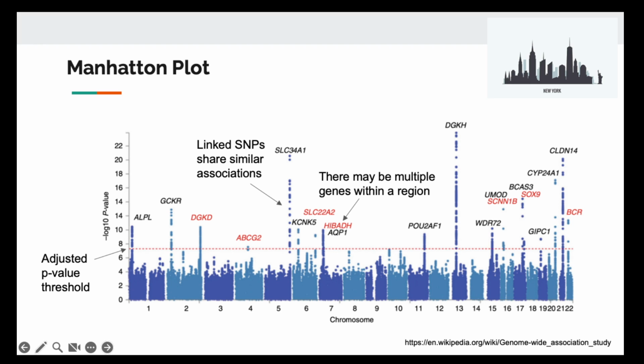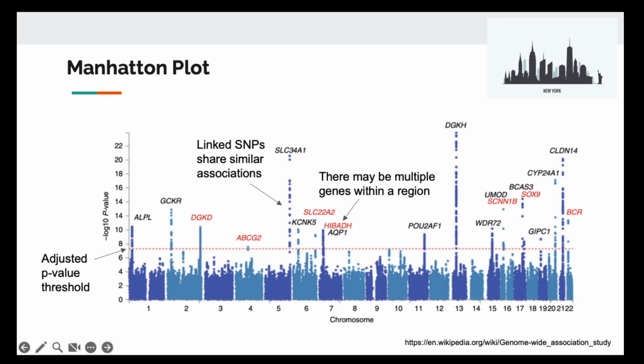Any dot that goes above this threshold is a significant association that you can follow up on. So the genes that appear in this location might be linked to the disease or phenotype that you are looking at. In many cases, many genes or many mutations are linked. So sometimes you know the region, but you don't know which gene in that region is associated with the disease.